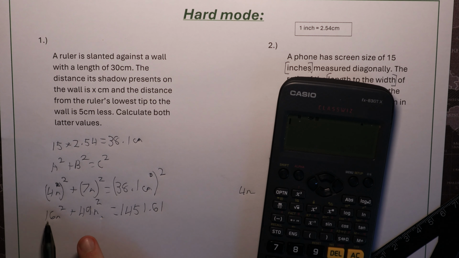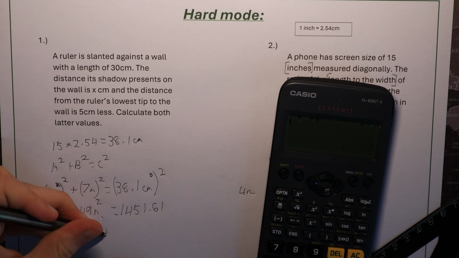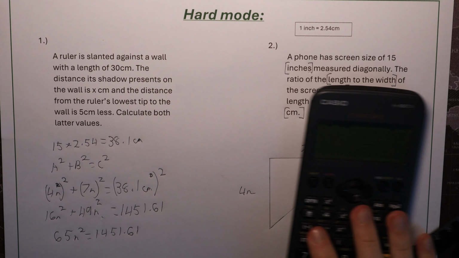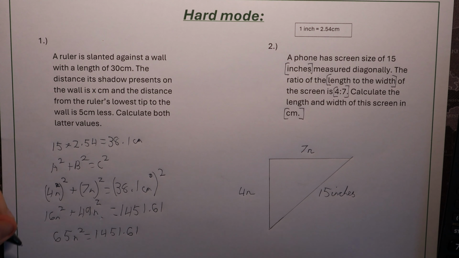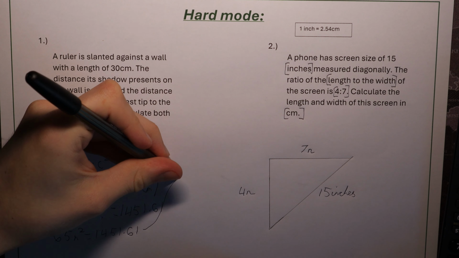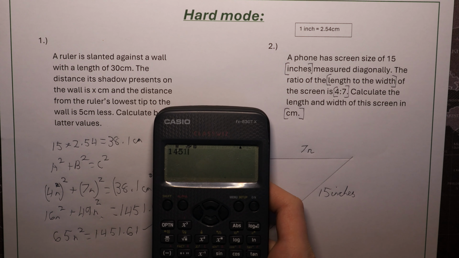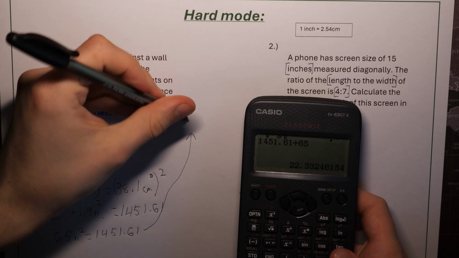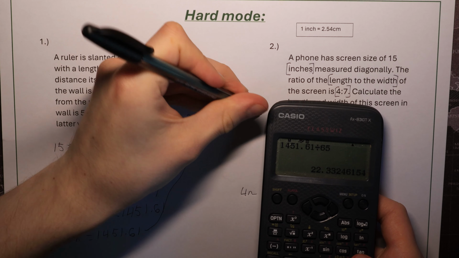Now what we need to do is add our 16n squared to our 49n squared, which gives us 65n squared, which still equals our 1451.61. Now, to find n on its own, to get our scale factor here, we now need to divide both sides by 65, which gives us 1451.61 divided by 65, which gives us 22.33246154.